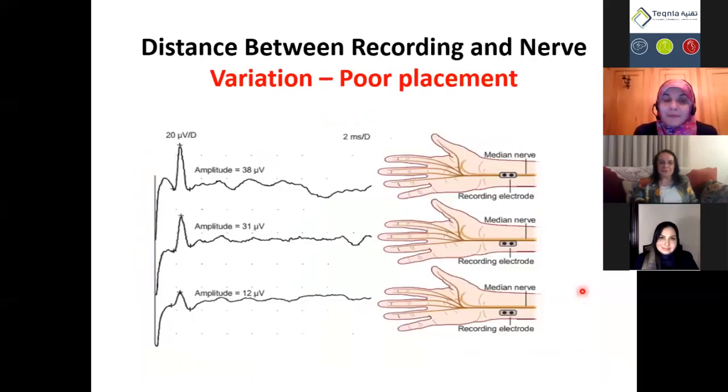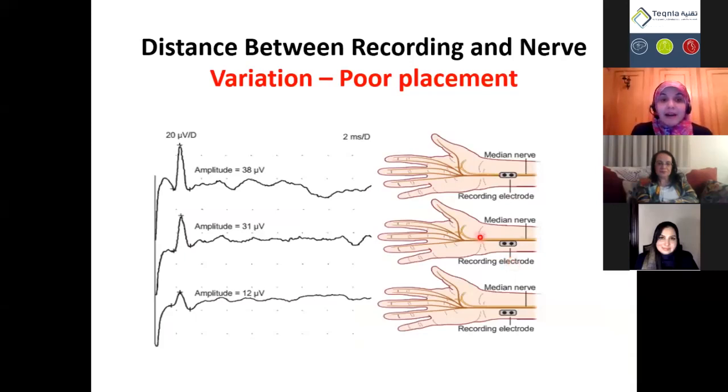Another distance is where you put the recording electrode in relation to the real place of what you want to pick up. Here in the mixed median sensory, we are stimulating the palm and recording from the nerve itself. Every time you put the pickup electrodes away from the ideal place, due to poor placement or variation in people, you can expect huge amplitude problems.